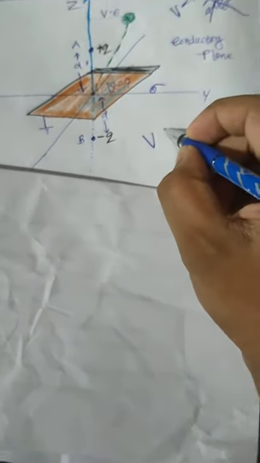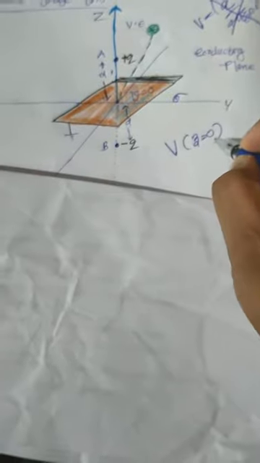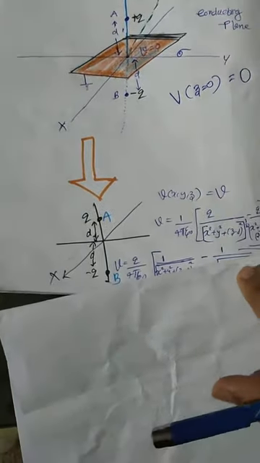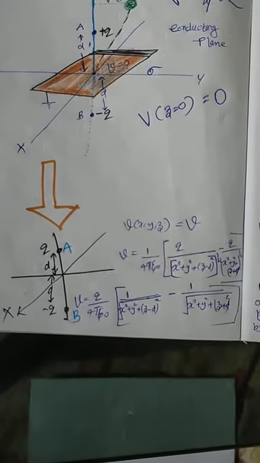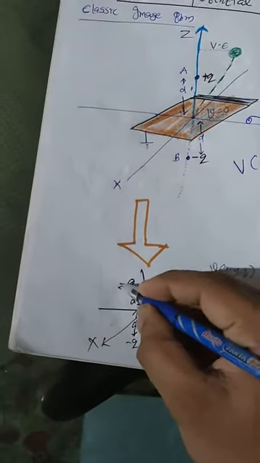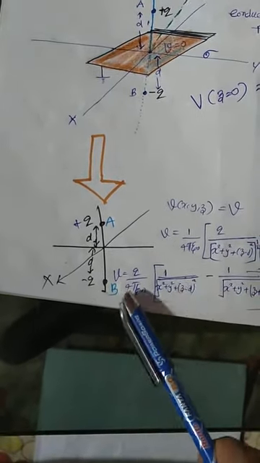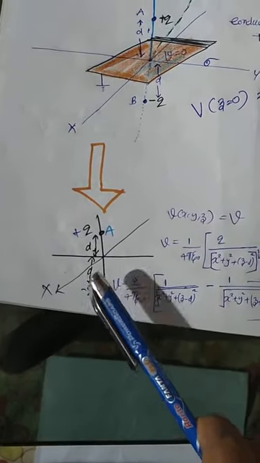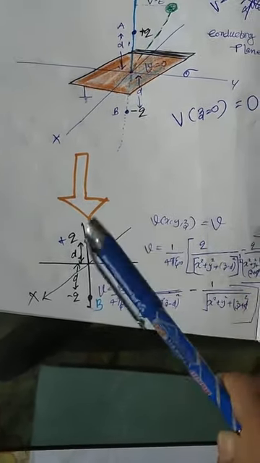It's given that the potential at z equal to 0, that is, along the plane, is deemed to be 0, so we have to reduce this diagram into this diagram. In this diagram we have the same plus q here, and we put minus q here, so that it creates a net potential of 0 here.